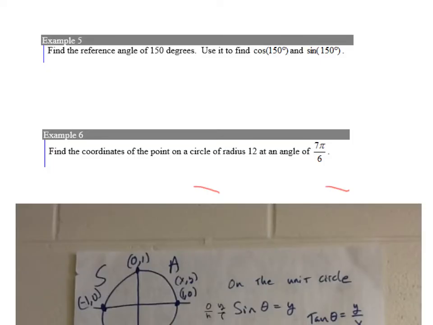Okay, so for this first example, example 5, it says find the reference angle of a 150-degree angle and use it to find the sine and the cosine of 150 degrees. So let's sketch out an angle of 150 degrees. There's 90, so 150 is not quite as far as 180 degrees.